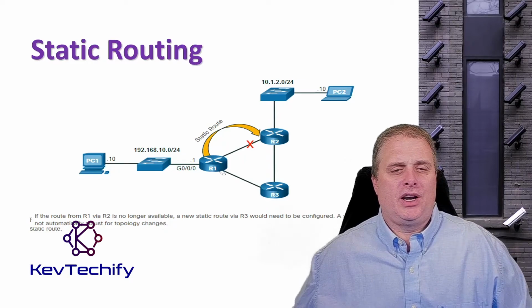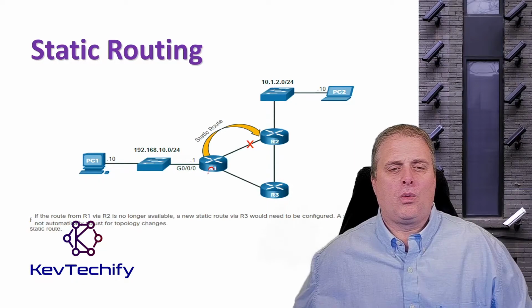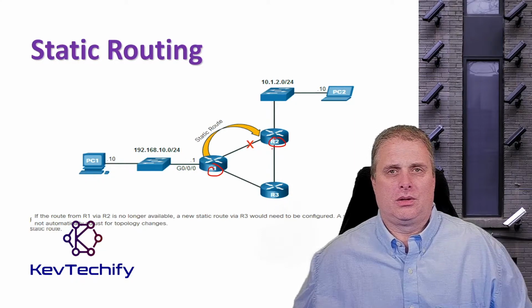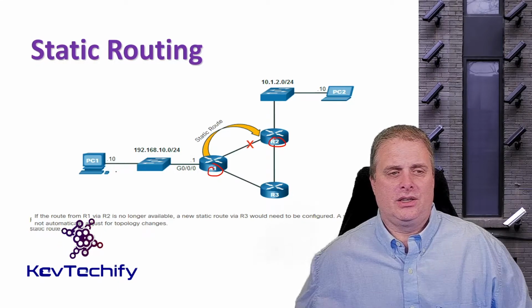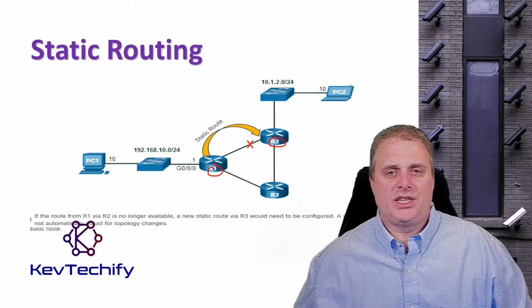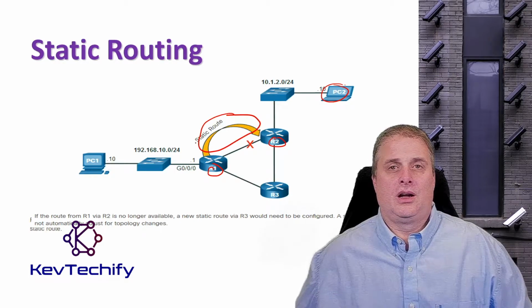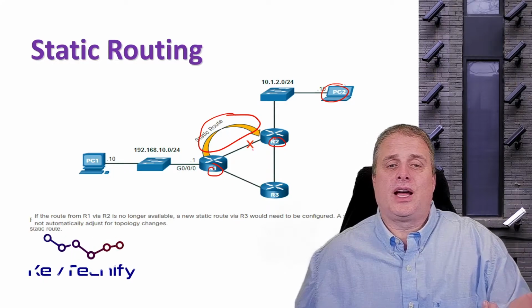In this diagram right here, we have a static route between R1 and R2. And it's forwarding traffic there. It's getting to its destination. And so PC1 wants to send information over here to PC2. It'll use this static route to get here. But let's say a backhoe went through and severed this fiber line right here.